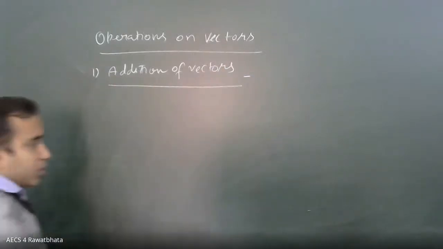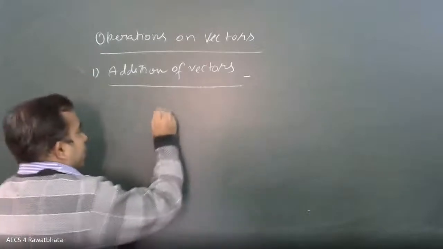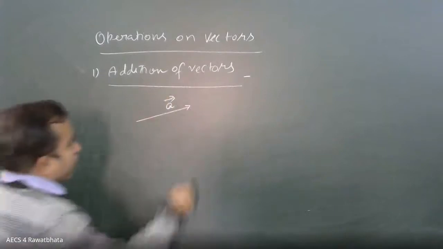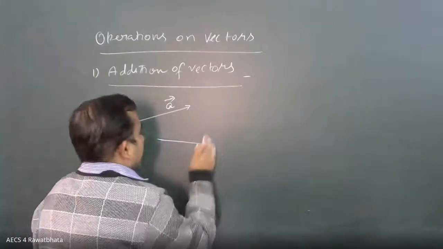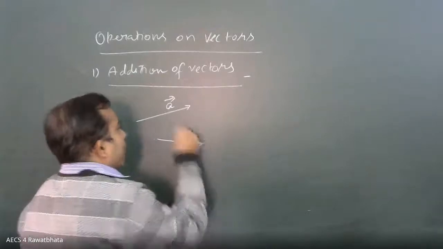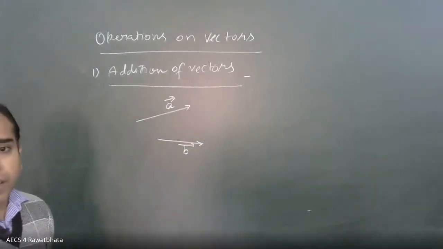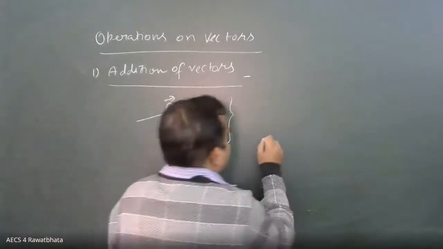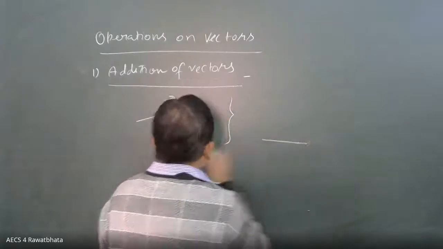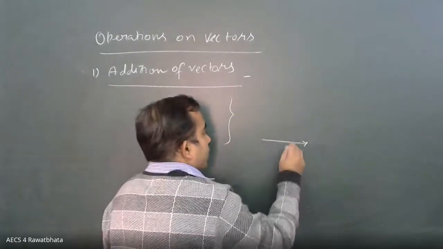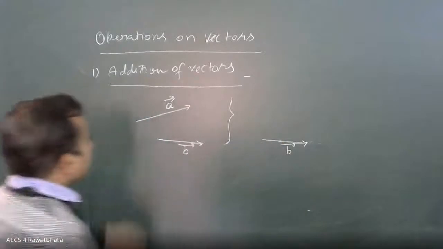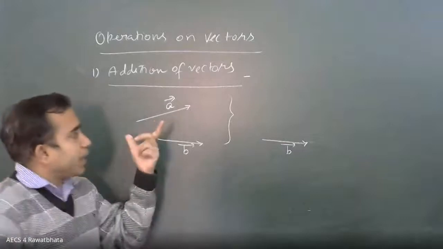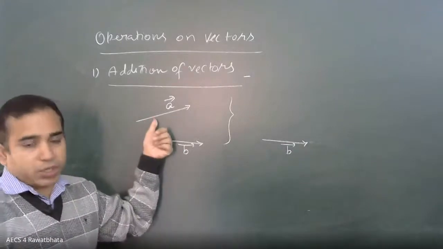And addition of vectors, just in the past also we used it. Suppose this is a vector A and this is a vector B, and if you have to add them, then there's a method known as the triangle method. What we do, any vector you take, suppose this vector B I have taken, draw it and then lift this A vector, and lifting and keeping it somewhere else will not change it.